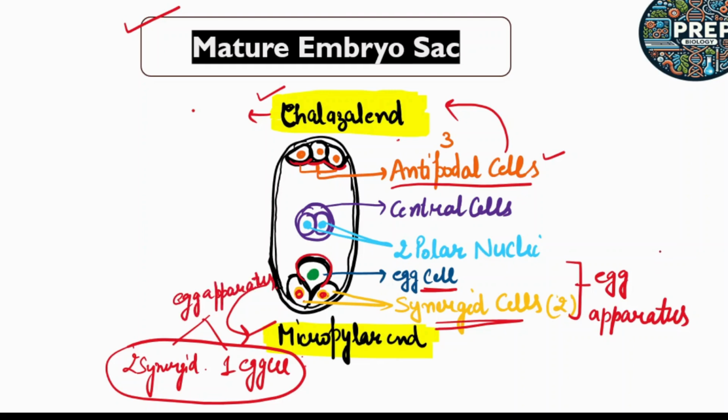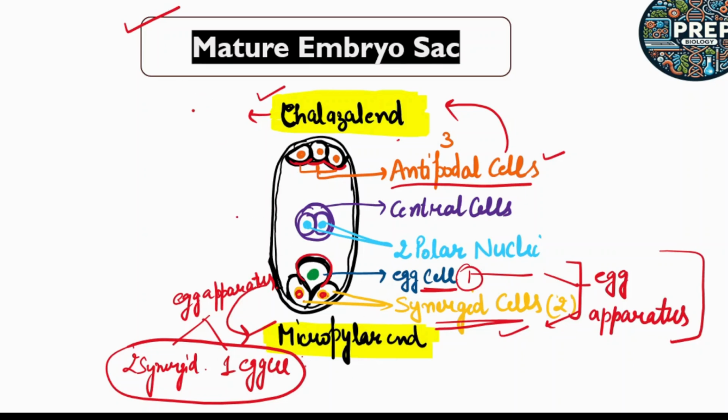In the egg apparatus, we have 2 kinds of cells: one is the egg cell and the second is the synergid cells. The number of synergid cells is 2 and the number of egg cells is 1. This is at the micropylar end.